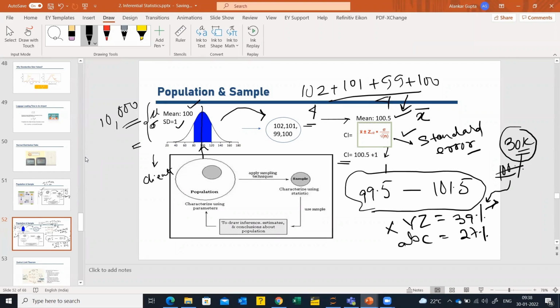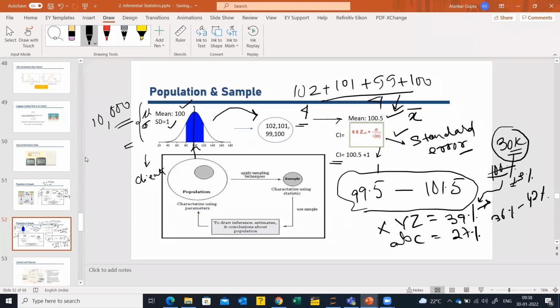From there, you can say it is plus or minus 3%. So once the results come out, the ruling party will get somewhere around 36% to 42% of the vote. This is your confidence interval, the interval in which you can say your data will lie.